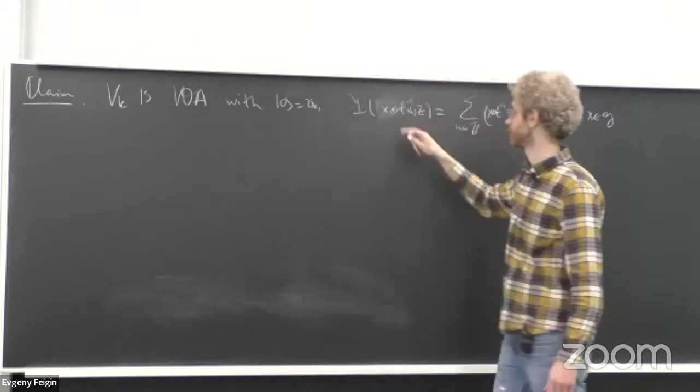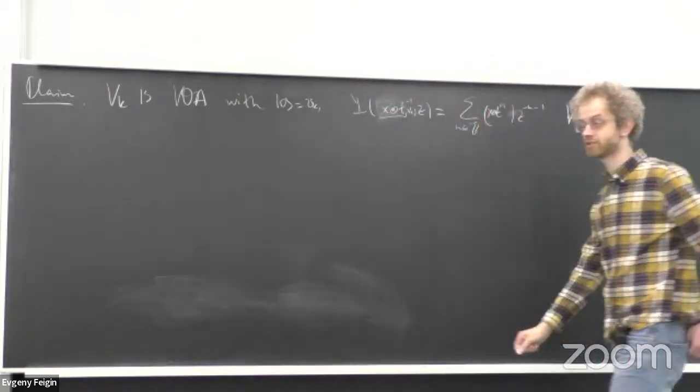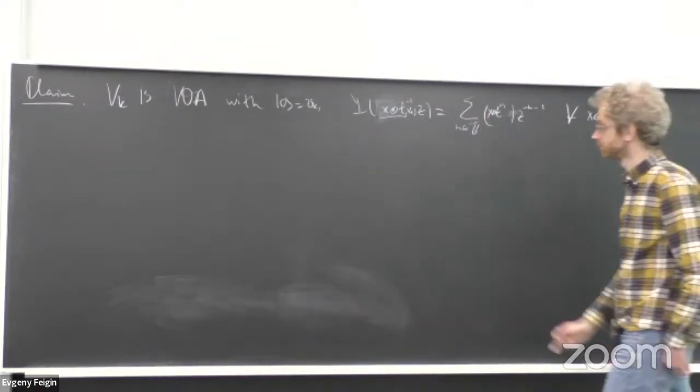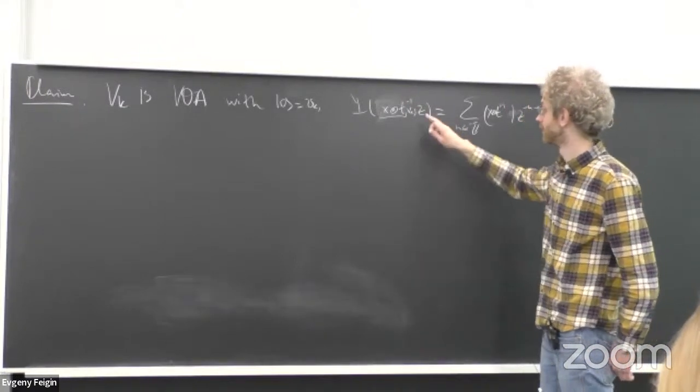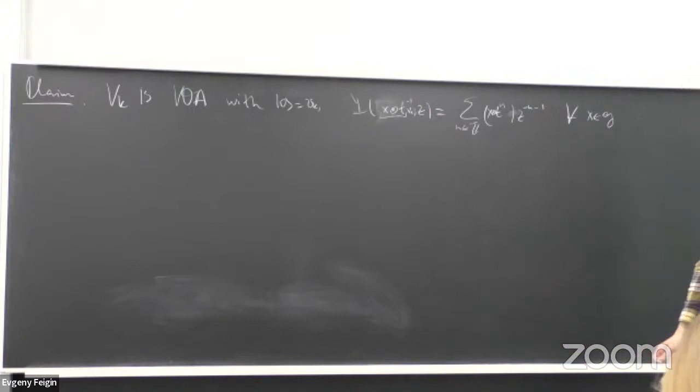This is an element from the affine Lie algebra, and since Vk is a module, we can apply this operator to Vk, getting another element, and then we consider our vertex operator corresponding to this vector, and this is the result.